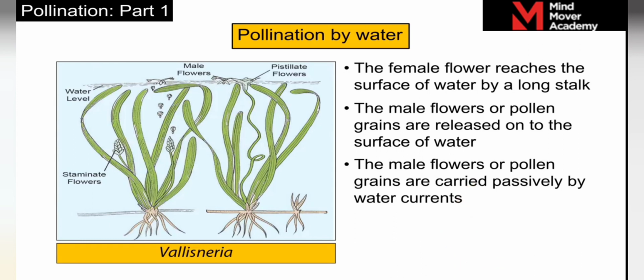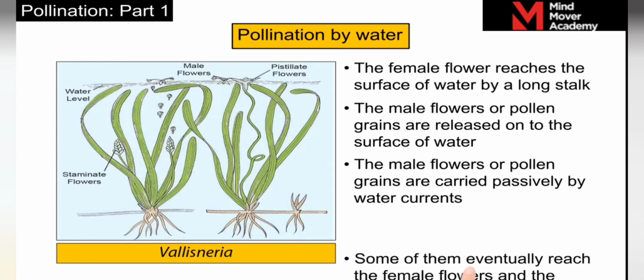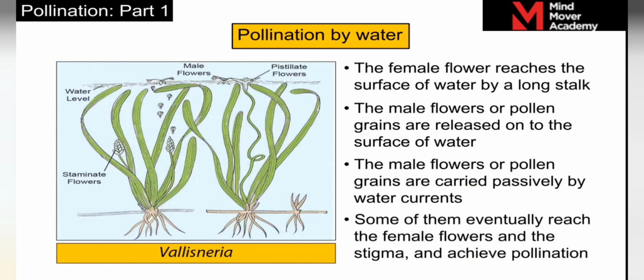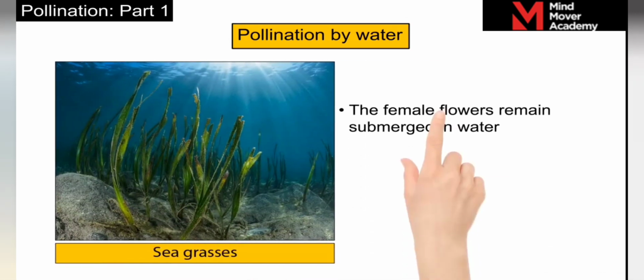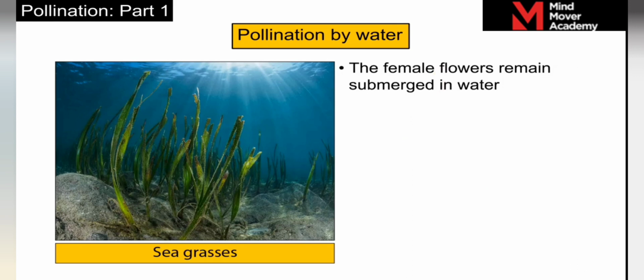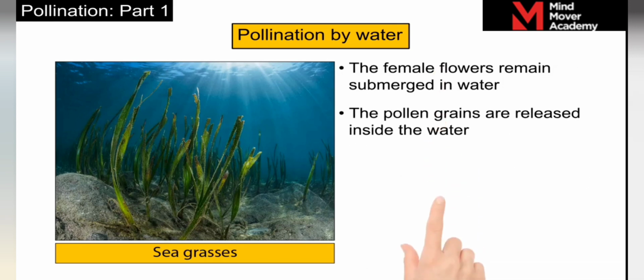They are carried passively by water currents, and some of them eventually reach the female flowers and the stigma and achieve pollination. Now let us take another example in sea grasses. The female flowers remain submerged in water, and the pollen grains are released inside the water.